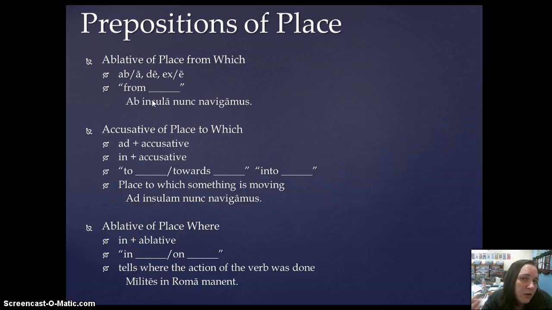Accusative of place to which is sort of the opposite of that, okay? It is telling you into or to or towards what something is going, okay? You can use ad plus the accusative or in plus the accusative. If you have in plus the accusative, it translates into, okay? So ad plus the accusative, to or towards whatever.